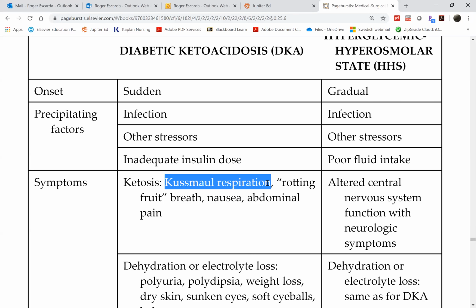So when the blood pH becomes very acidic, the response by the lungs is to eliminate CO2 in order to neutralize the acidity. Okay, so the increased respirations here lead to respiratory alkalosis, thereby neutralizing the metabolic acidosis that's occurring in DKA.